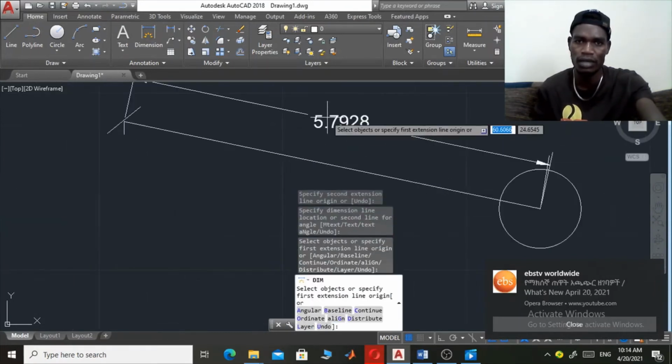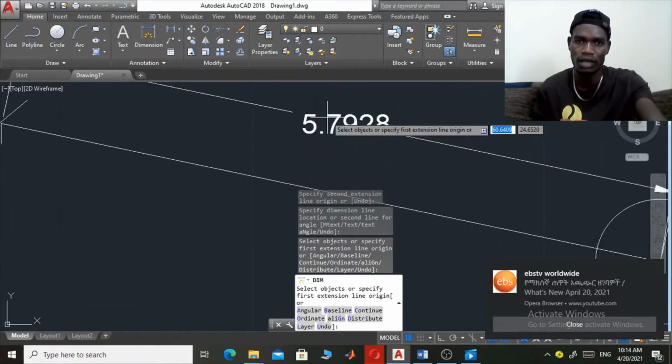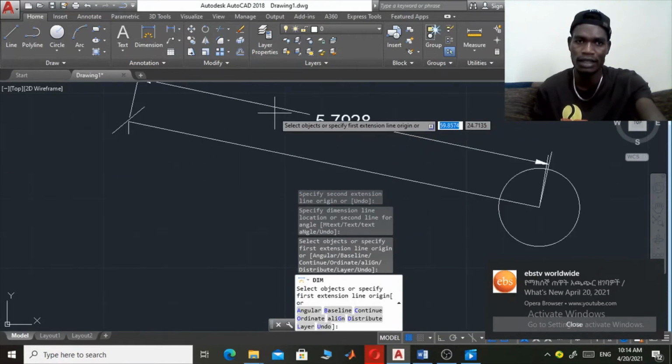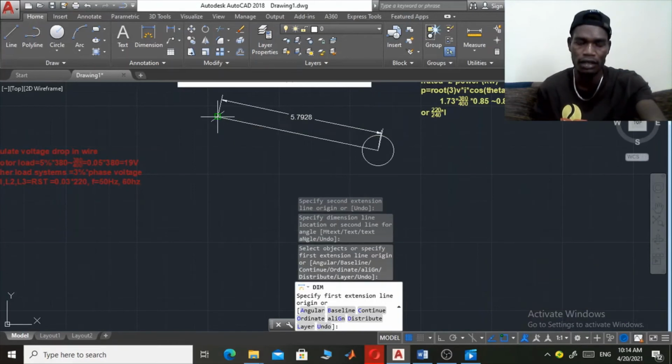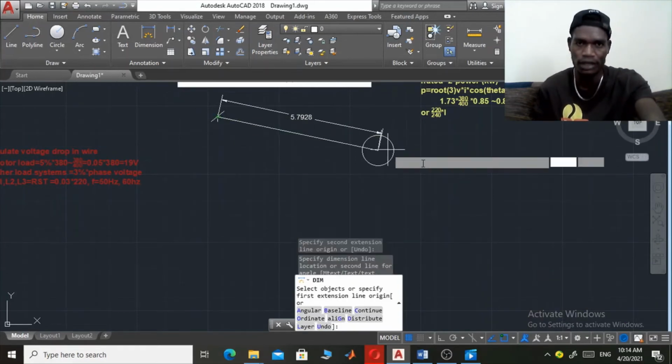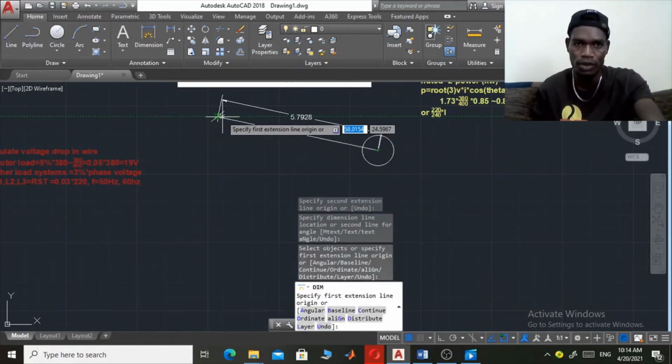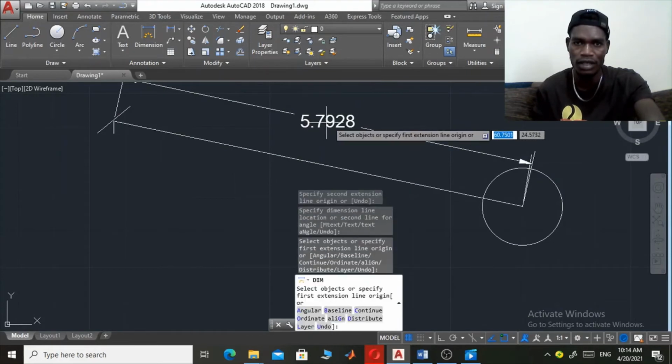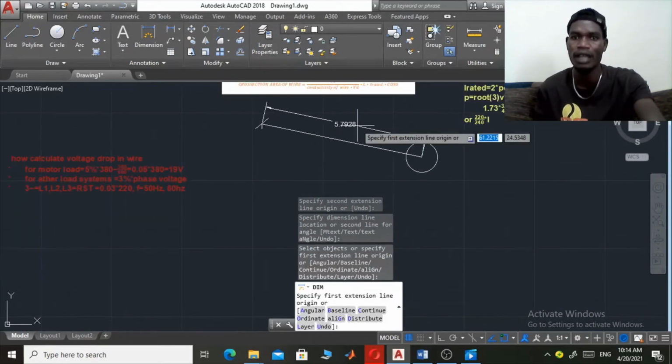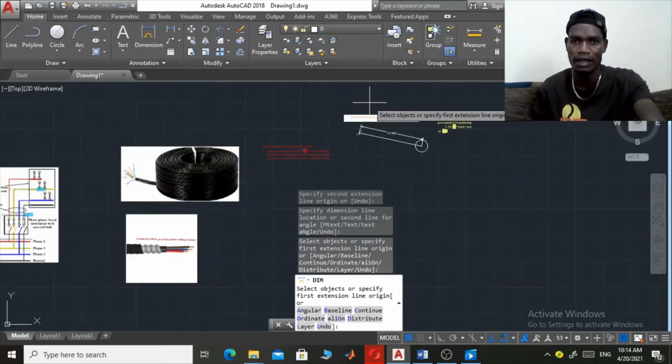By the way, this is a very important thing you have to know. So this is the power source, and this is a load center. In between the power source and the load center, we have 5.792 length. So that will be L here.